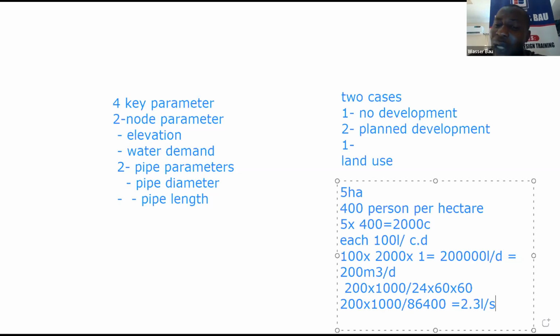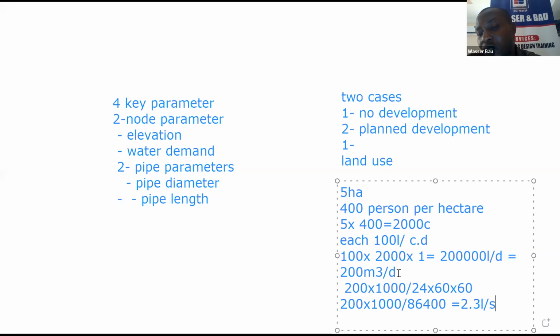So what I'll now do is take this 2.3 to my chart and get the pipe size, which is what we did last week. But I also have to know the slope, and the slope is what I will get from my surveyor, because the surveyor has taken a spot height at that point and at the next pipe, the end of the pipe.